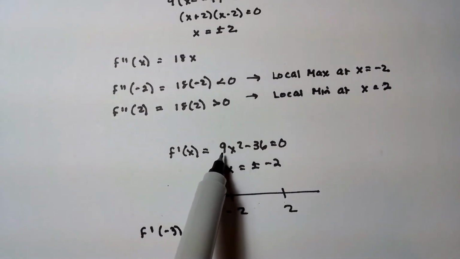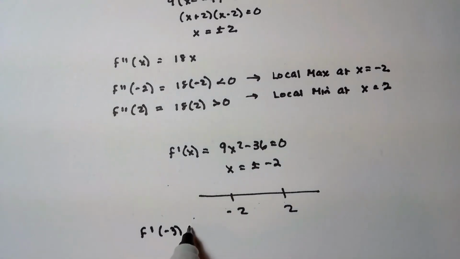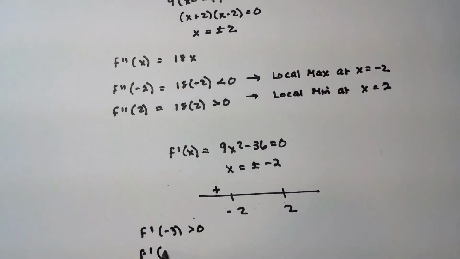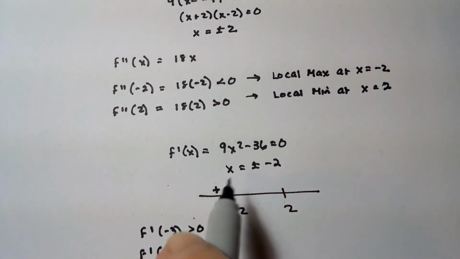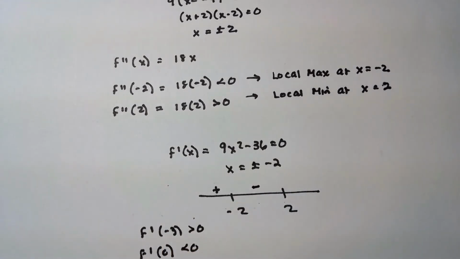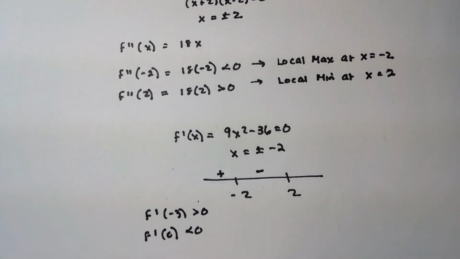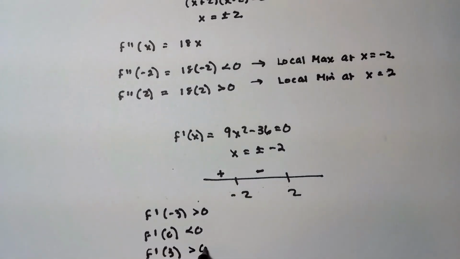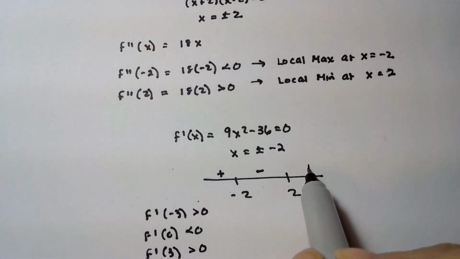I'm going to have 9 times 9 is 81 minus 36. That's going to be positively valued. If I test f prime of 0, well, 0 minus 36 gives me a negative derivative value. And then if I test f prime of 3, I'm going to have 81 minus 36. It's going to go to positive again.